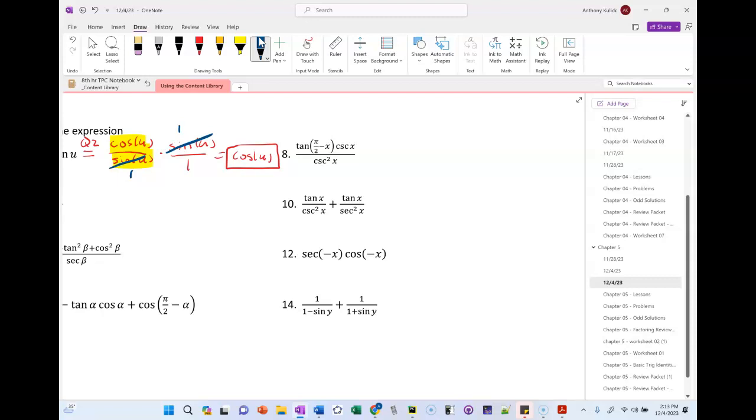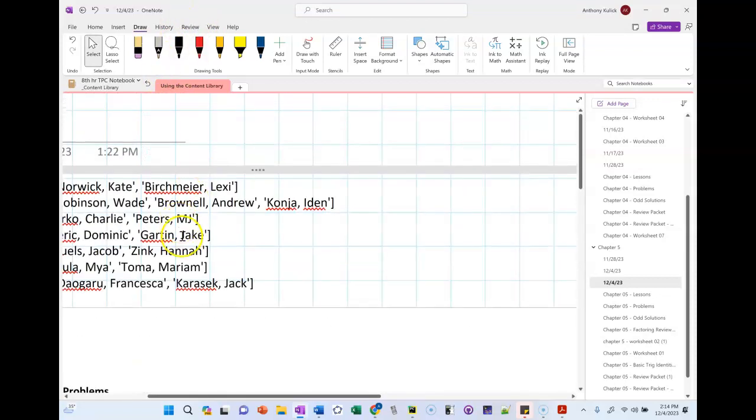Yes, but by cosecant x. I have one cosecant x on top, and two factors of them on the bottom. So I can reduce like that, right? Like if I have x over x squared, that just becomes 1 over x. That's good. Okay. Thank you, fellas. Who's next on my list here?